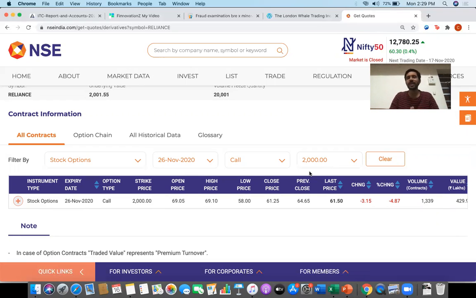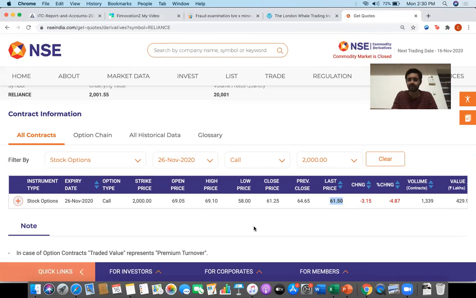Okay, but the main difference is when I buy a share, I will have to invest 2,000 rupees, whereas when I buy a call option, all I have to invest is 61.5 to benefit from the upside move in Reliance. For a call option, I have to pay 60 rupees, whereas for buying a share, I need to pay 2,000 rupees. It's almost what, maybe 5%? I think 61.5 is approximately about 5%, is it?